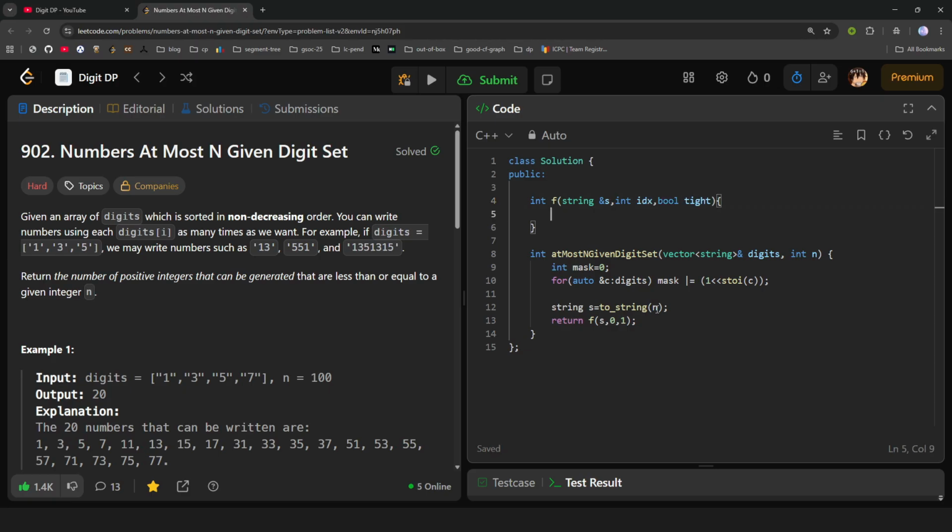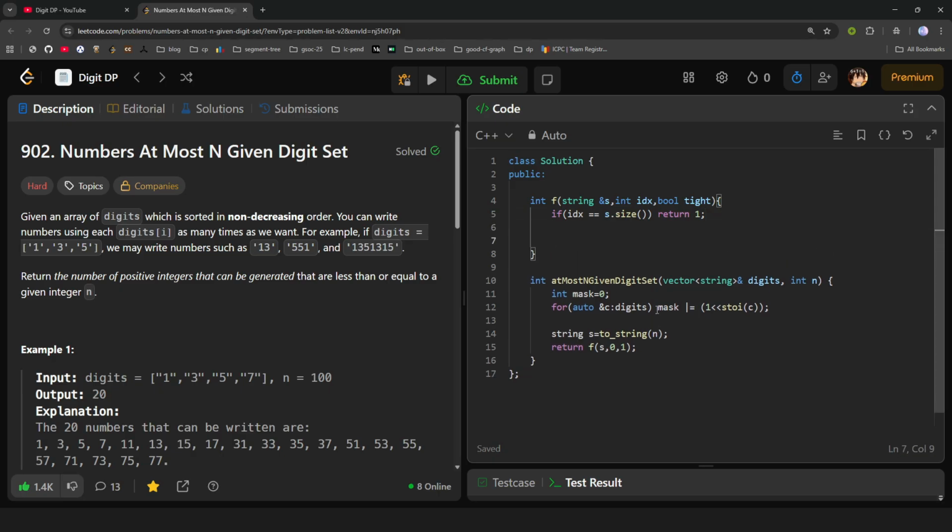So we know that if at any point the value of this index becomes equal to the string size, then we have to return 1. That is, the integer is successfully formed, that is, all the blocks have been filled successfully without any problem. That's why this will be a valid integer. But if it is not the case, then it means that we still have not reached the end yet, that is, we are somewhere in between.